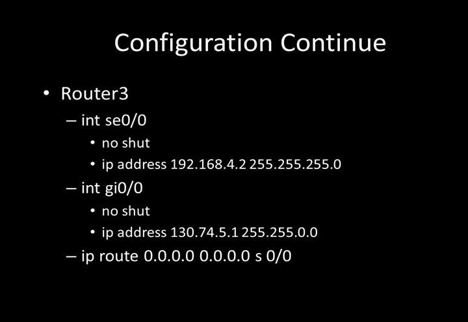As for the Ethernet port, the IP was set to 130.74.0.1, with also a subnet mask of 255.255.255.0. We use the IP route command of all zeros on the serial port 0/0 to communicate between the two networks.